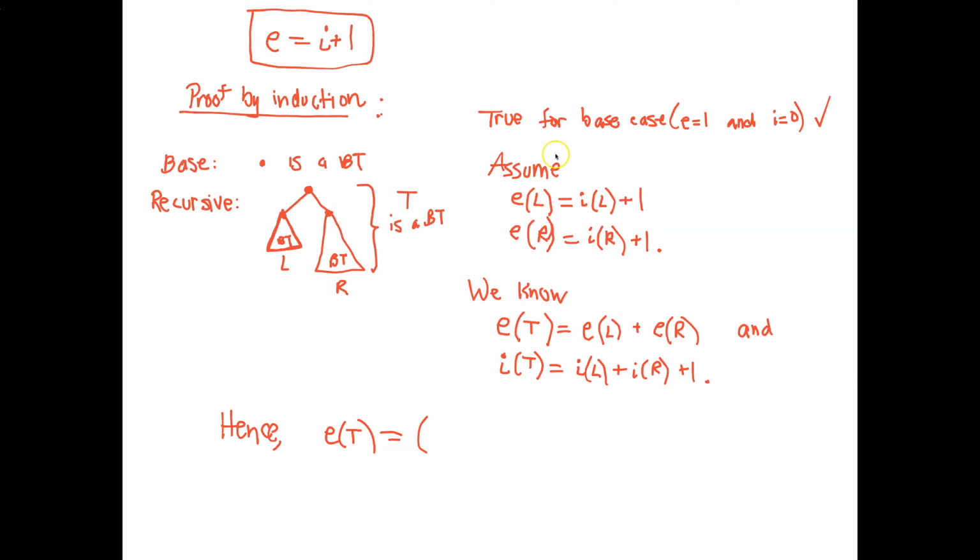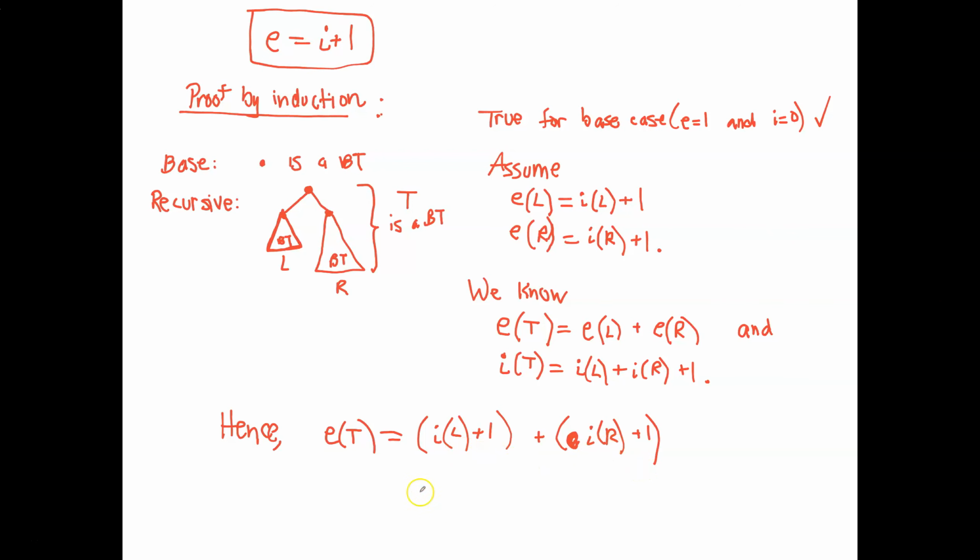But already I'm going to substitute, we're already assuming that however many are in our left tree is the number of internal nodes of our left tree plus 1, and then that however many are in our right tree are also I_r plus 1.